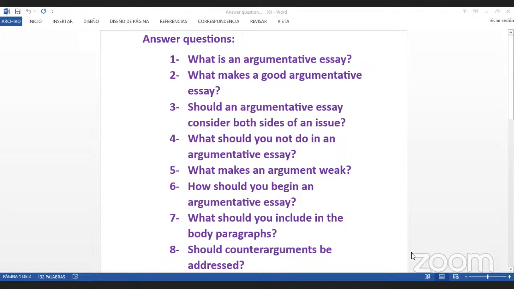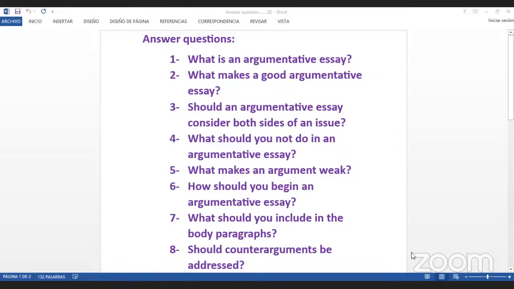The body paragraphs should provide supporting evidence for the thesis statement, such as facts, statistics, quotes, and examples. Each body paragraph should focus on one main idea or piece of evidence that supports your overall argument.